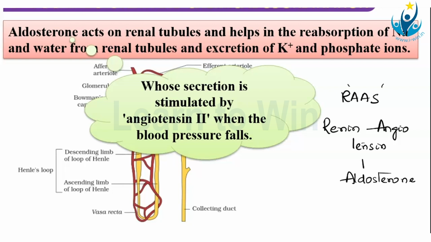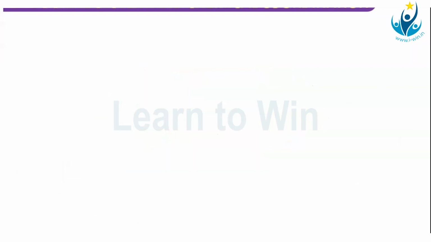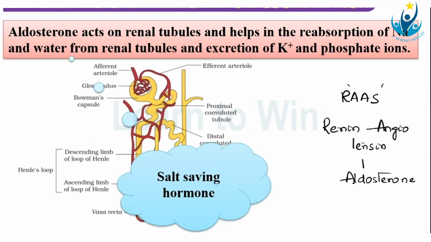These three enzymes and hormones work together during high and low blood pressure to maintain the electrolyte balance of the blood and also of urine. That's why it is called a salt saving hormone: when there is low blood pressure, your blood needs more salts.